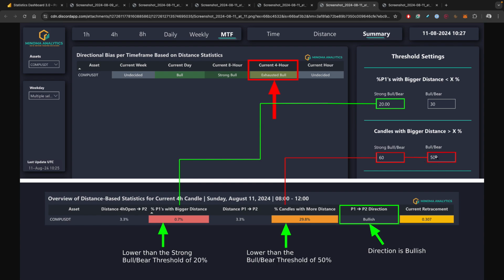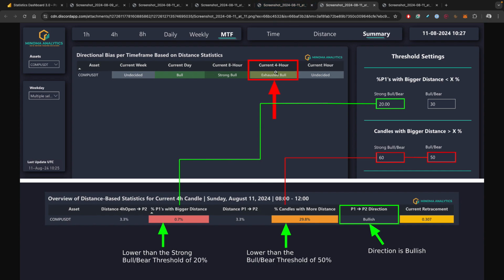Normally, I would have this a little bit higher, but 50% in our hypothetical situation is where we say we still have a little bit of an edge, but after 50%, the edge diminishes. So the move is becoming more exhausted, because the further you go below this, the less likely it is to go further, right?